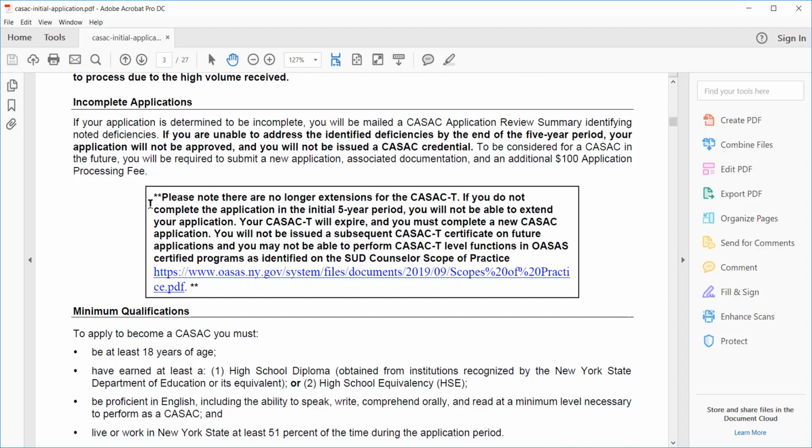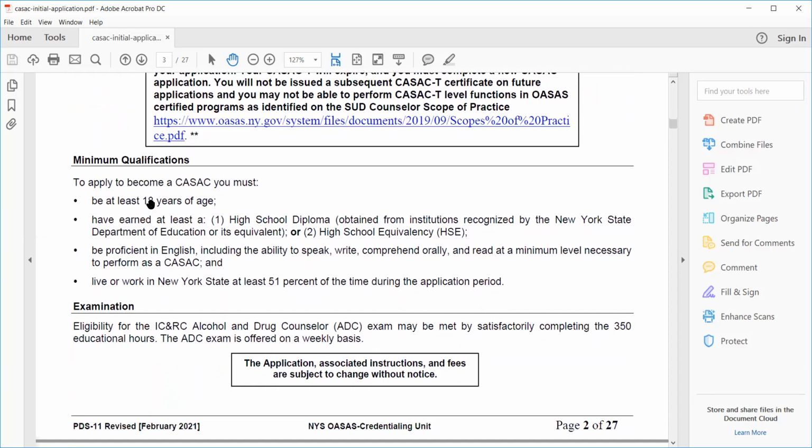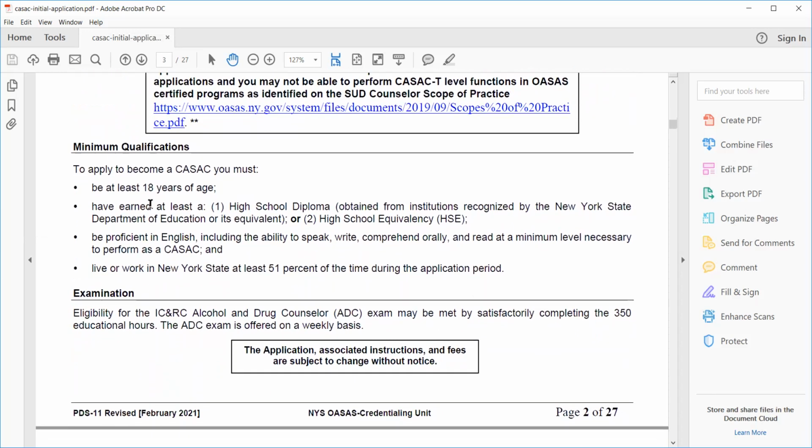You will have that deficiency list all the way until you become a CASAC. And all it's telling you is that these are the things you still need to fill and get done in order to reach CASAC status. But for you, you want to be able to become a CASAC T, which you are close to doing. We're going to get you there.